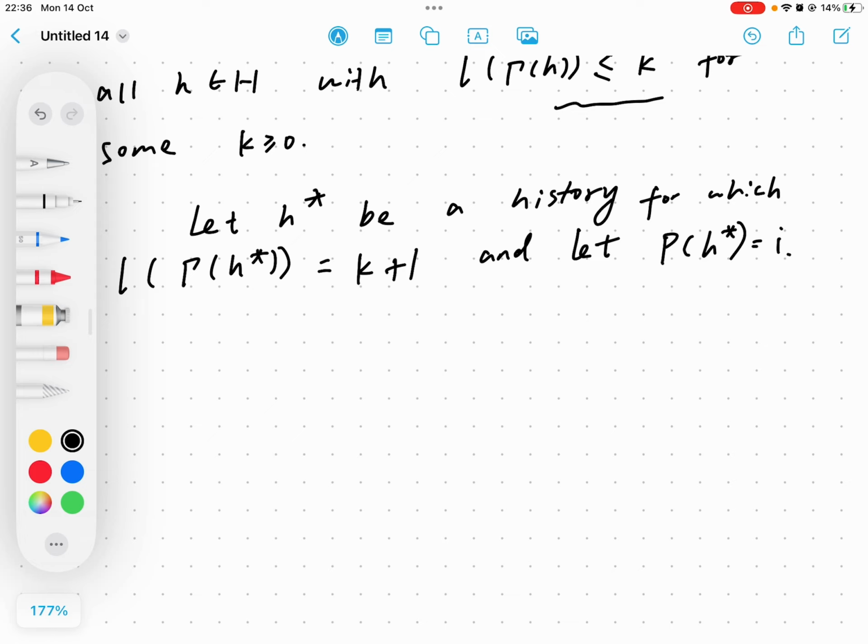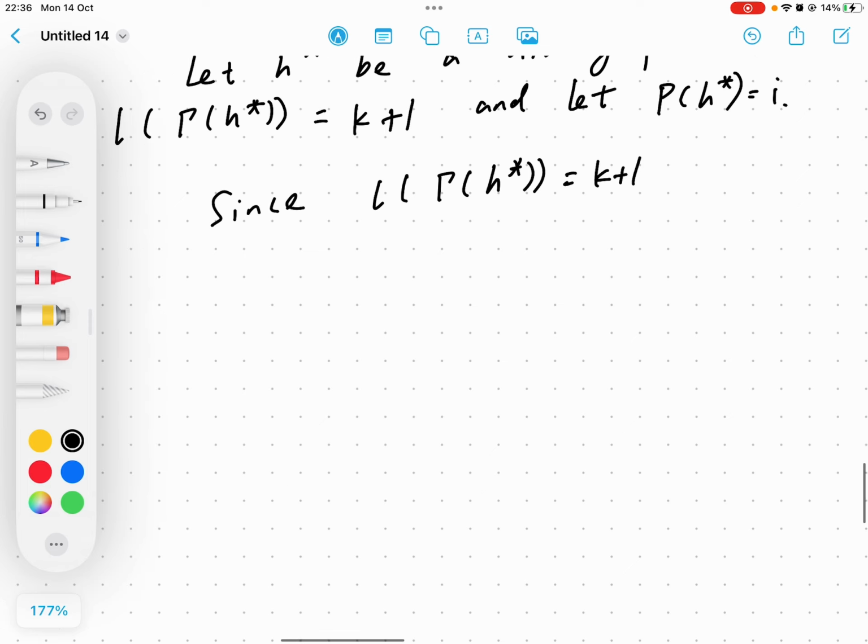So now is the argument. Because the length of Γ(H star) is K plus 1, that's true because we define that to be so.